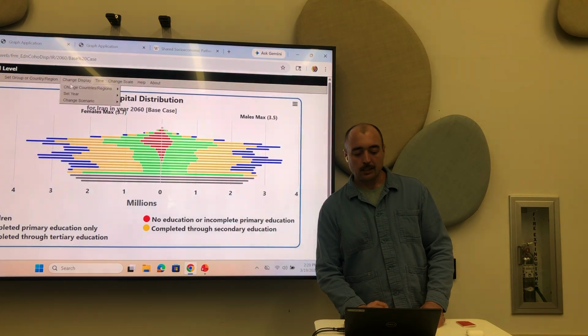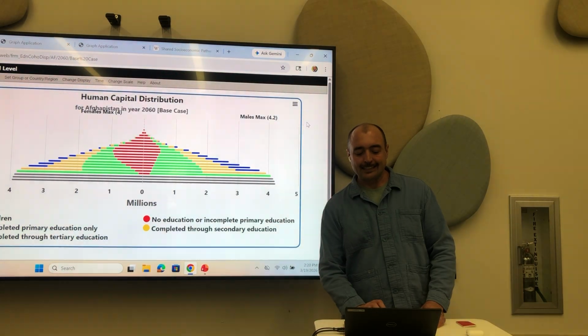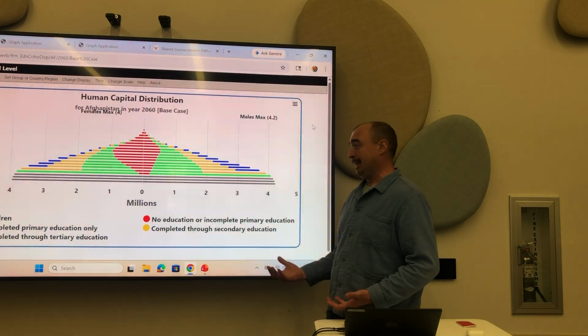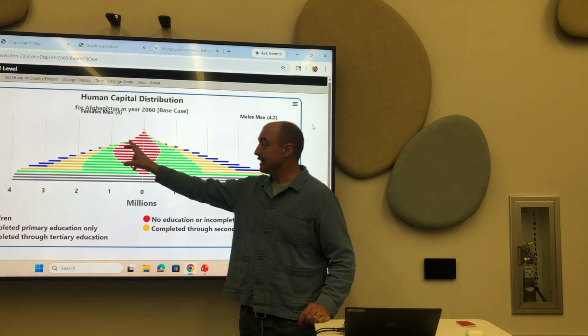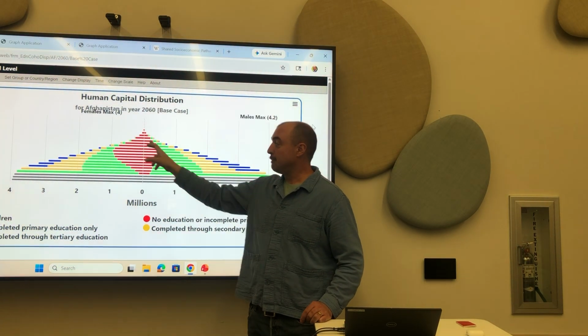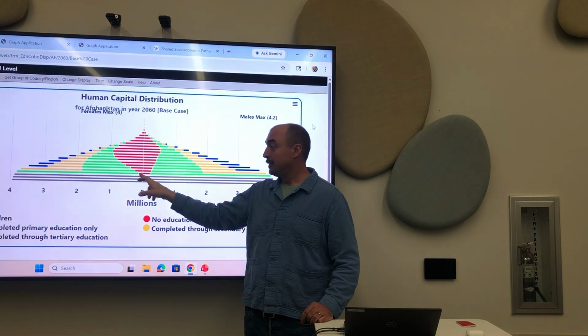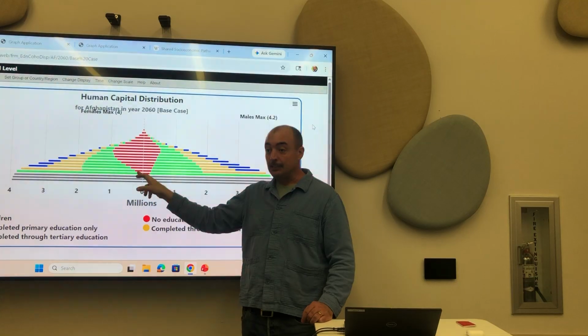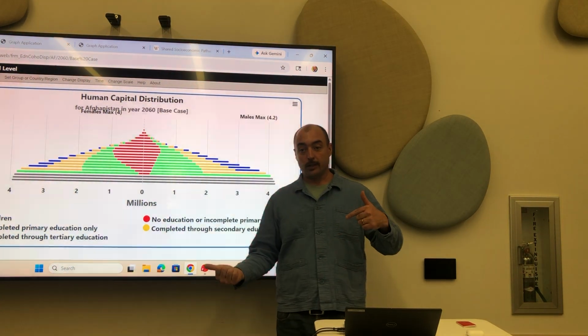Even if you look at a place, let's look at Afghanistan. This is Afghanistan in 2060. First of all, look how optimistic this is. Real huge gender imbalance here. The long-term trend in primary enrollment and secondary and tertiary, the gender imbalance is girls in favor of boys, right?